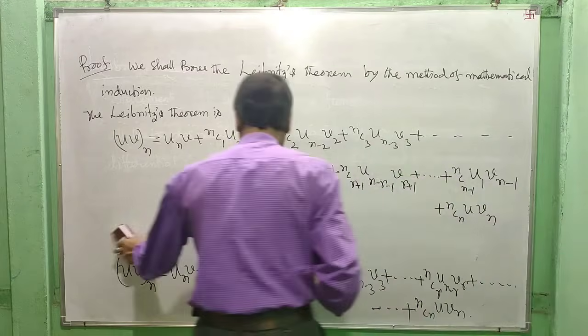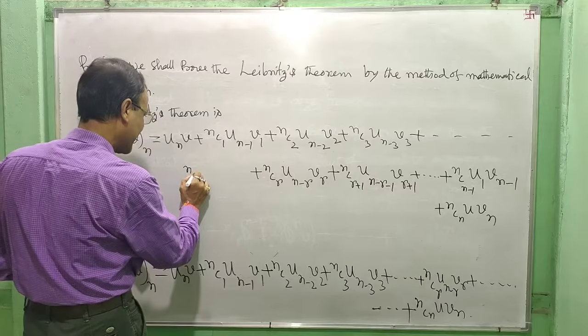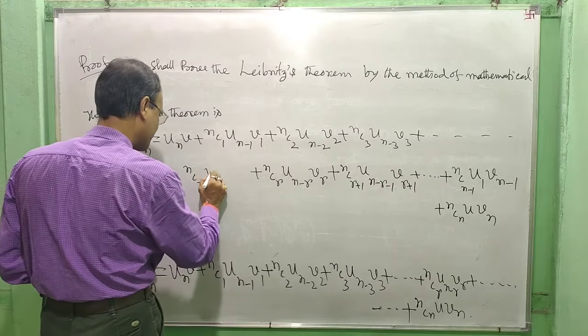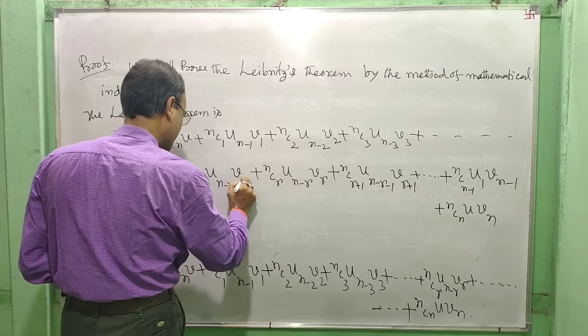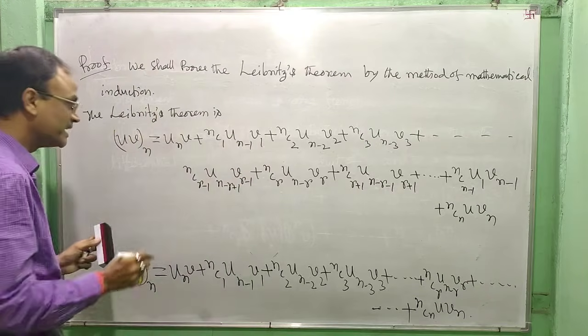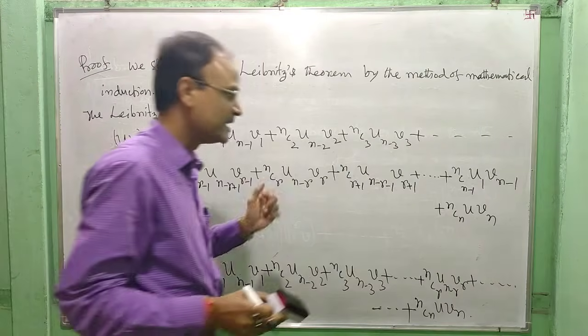Also, the term just before this will be nC(r-1) u_(n-r+1) v_(r-1). This is the statement of the Leibniz theorem.